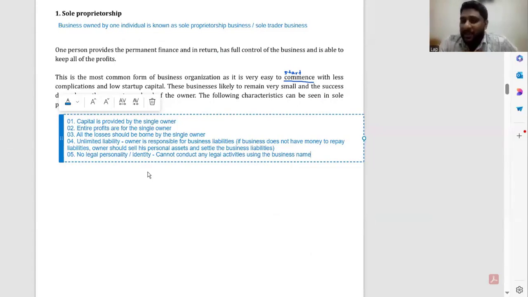I am asking you a question. I don't know to what extent you all have studied in your school. Can you register a sole trader business and a partnership business? Can you register these two businesses? You can register the name of the business, not the business. You cannot register the business. You can register it like I have another name.